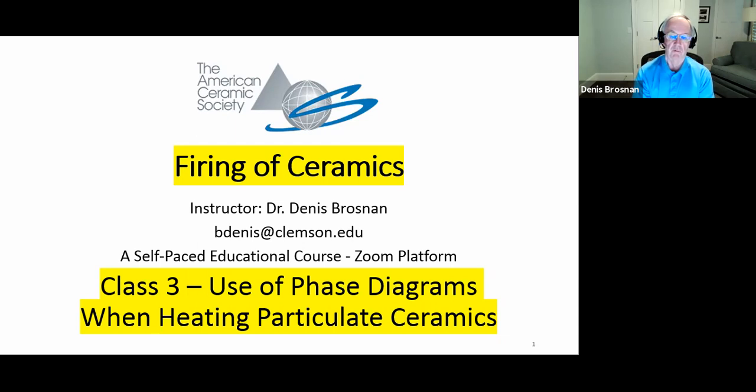Equilibrium means the final reactions that are going to take place have taken place, and everything is probably pretty homogeneous, but that's not the case on heating up. So we have to deal with non-equilibrium conditions, and it's not that difficult to do. I'm going to give you a little methodology today on how to use phase diagrams in thinking about firing ceramics.